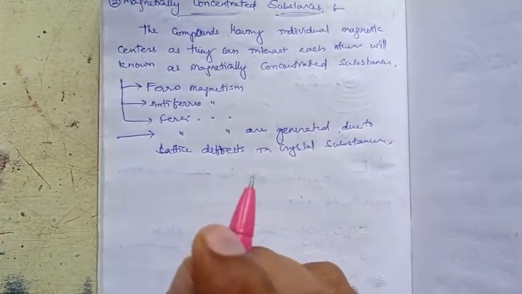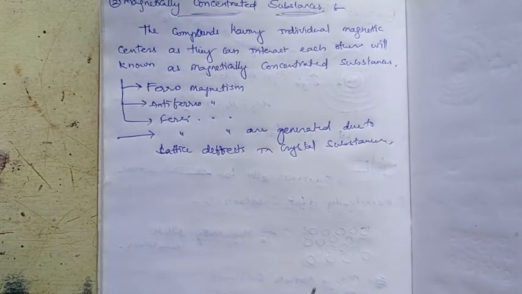Like this, magnetically dilute substances and concentrated substances can be expressed.